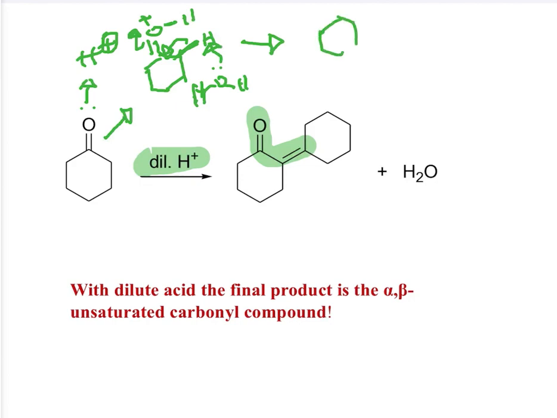Enol is a tautomer of cyclohexanone. This enol then acts as a nucleophile to react with another activated electrophile of the starting material.